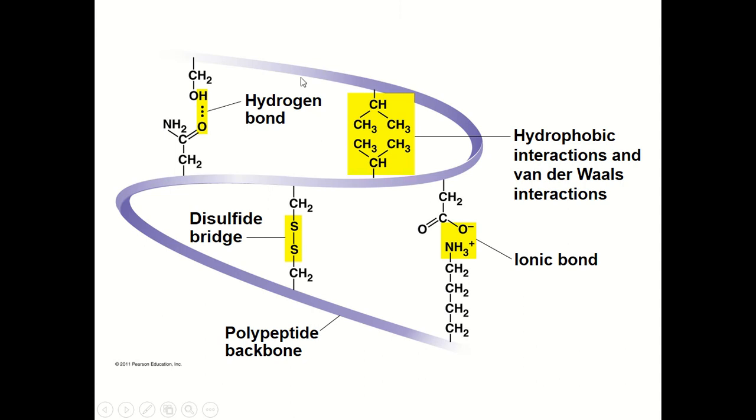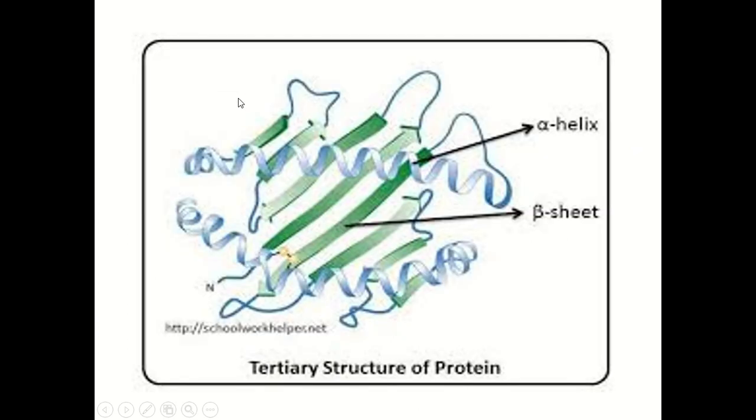Okay, here hydrogen bond, hydrophobic and van der Waals. We have disulfide bridge and also ionic bond. This is the interaction between one side group and another side group. Okay, here tertiary structure.